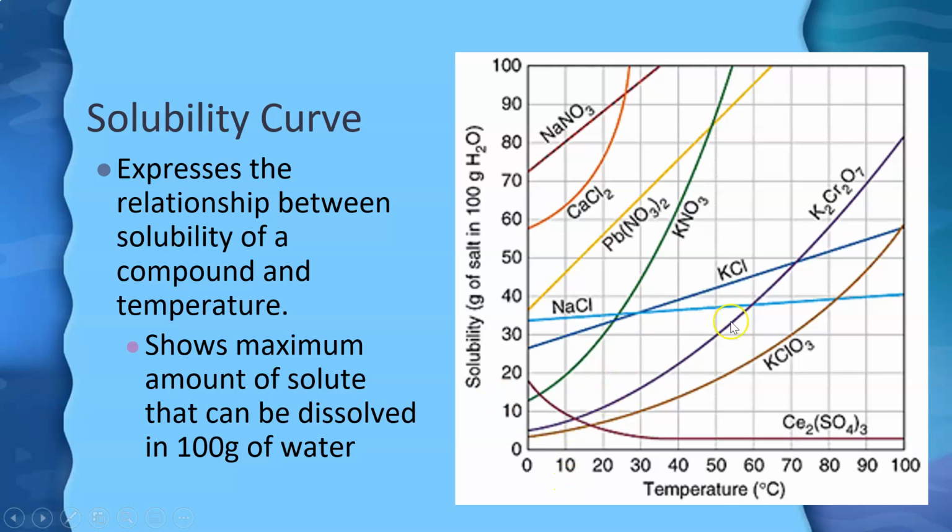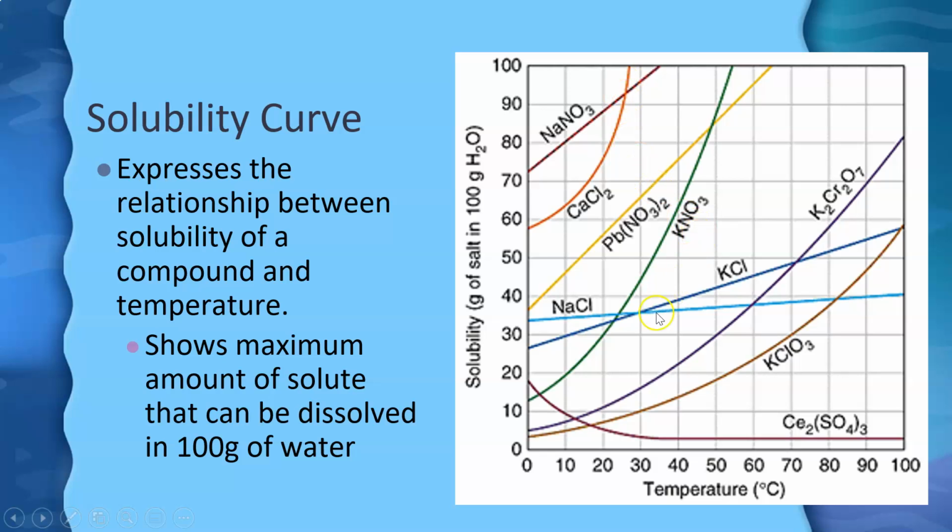Well, let's look real quickly at sodium nitrate here. And if we go at standard room temperature, which is about 25 C, and we go all the way up to the line, we find that we can dissolve over 90 grams of sodium nitrate in 100 grams of water at room temperature, which kind of explains why I told you that sodium nitrate was never going to be the precipitate.